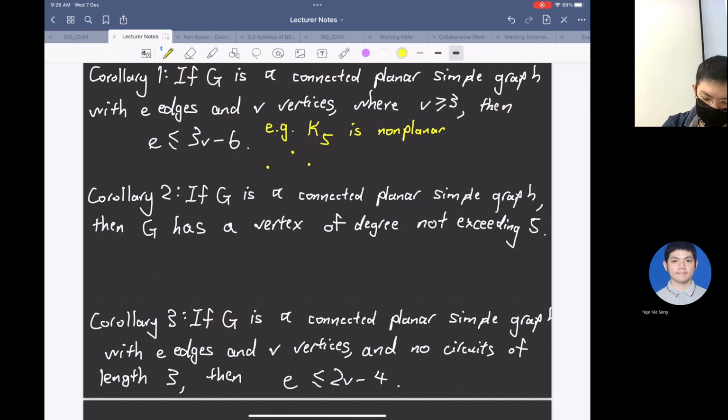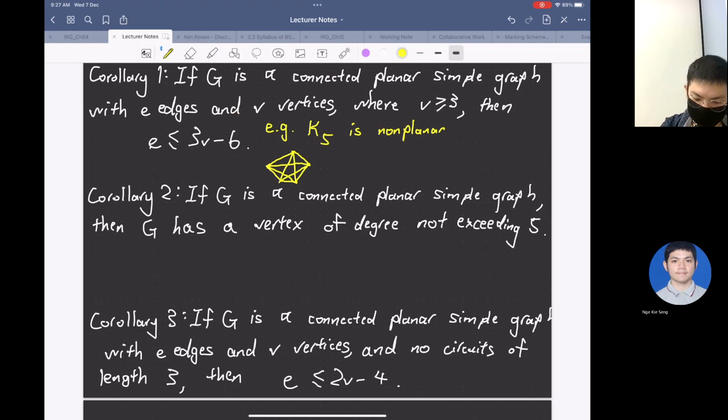Complete graph means you have 5 vertices, and then you join each vertex to one another. This is the complete graph. So this is non-planar. How is it non-planar?